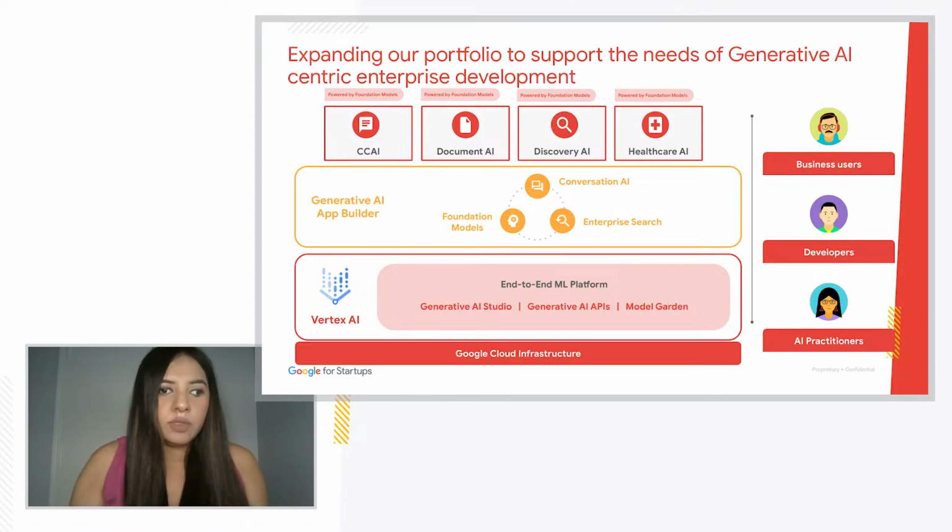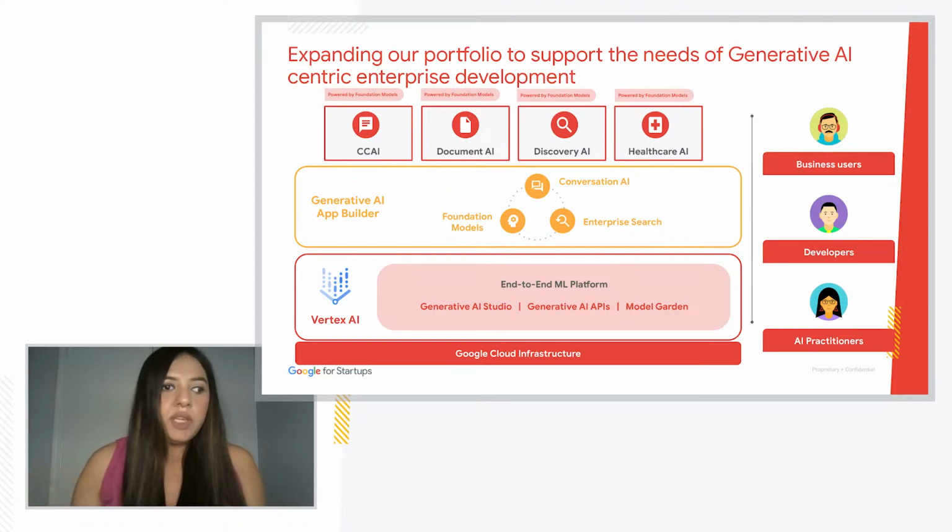Starting from the bottom, we have the end-to-end machine learning platform of Vertex AI supporting our Generative AI Studio, which is a prototyping interface for some of the large language models. Then we have Model Garden, where an AI practitioner can come in, choose third-party models or open source models or our PaLM APIs, our models, and get started quickly with Vertex AI and generative AI.